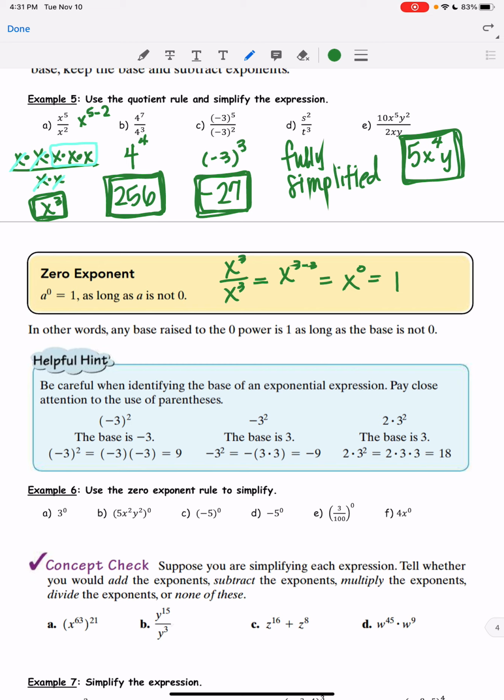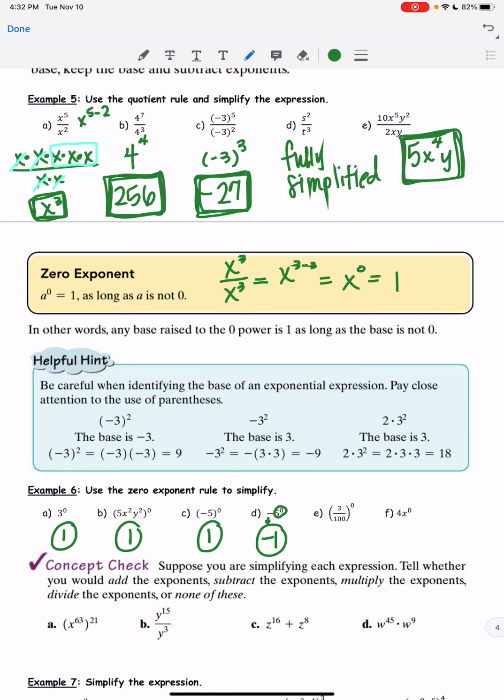So here, 3 to the 0, that's 1. Because you have parentheses, this whole thing right here is to the 0 power. That's 1. -5 in parentheses to the 0 power is 1. But D is -1. All that exponent of that 0 is going to is that 5. So 5 to the 0 power is 1, and then that negative's got to get carried down.